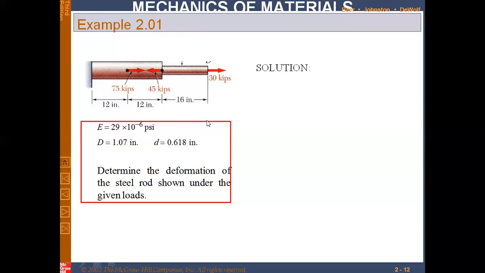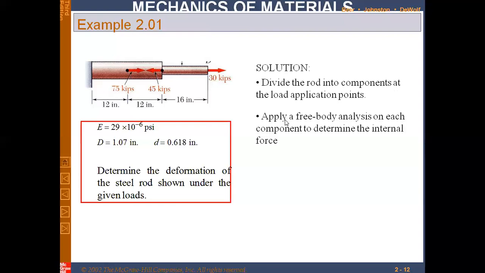These lengths are given. So the solution: how to solve such problems? We have to divide the rod into components at the load application points. Then we have to apply a free body analysis on each component to determine the internal forces.